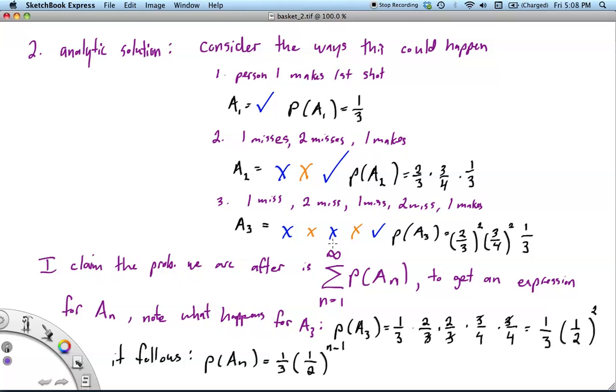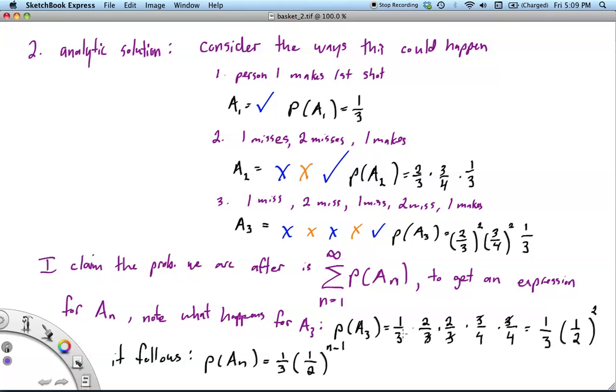That's not going to happen, but you can't just draw an arbitrary end to it and say, if person 1 hasn't made their shot first by 100 shots in, we're going to call it a day and go home. In theory, that could go on forever. So I claim that this is the beast that we're after. To make a generalization, which is very convenient.